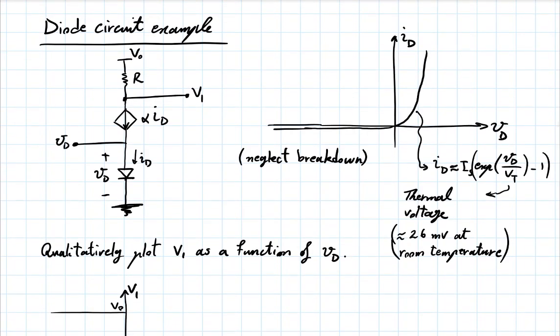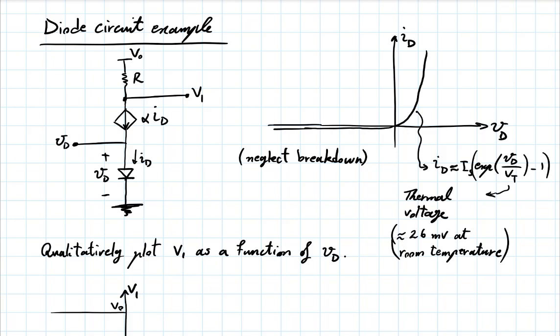By the time you reach about 0.6, 0.7 volts, the diode current starts becoming substantial, right? This is what we've seen with diodes, nothing new. So it's really when VD gets around 0.6, 0.7 that there is a substantial diode current, and as a consequence, a substantial alpha times ID.